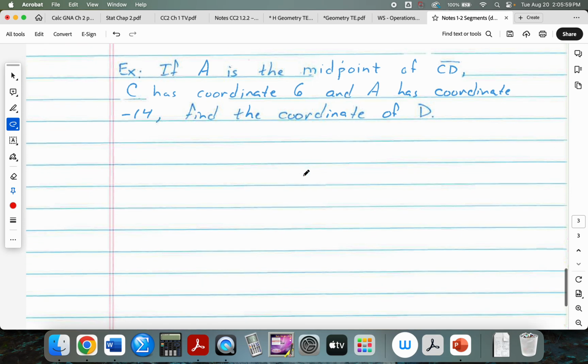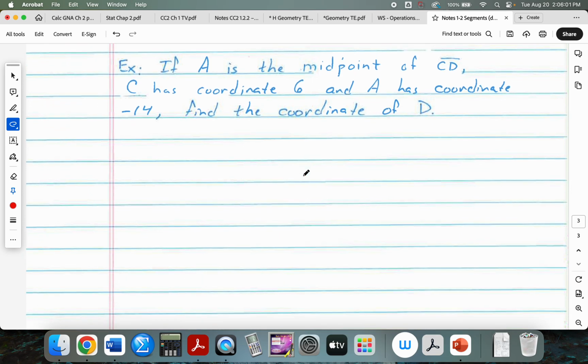Let's look at this one, which is not as straightforward. It says A is the midpoint of segment CD. All right, and then it gives us some coordinates. C has a coordinate of 6. And A has a coordinate of negative 14.